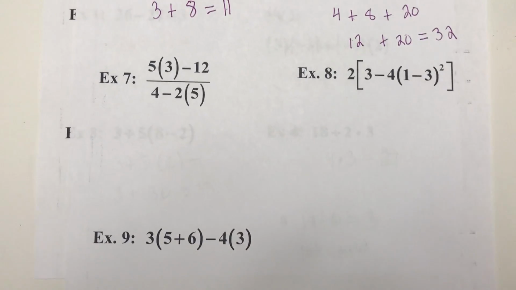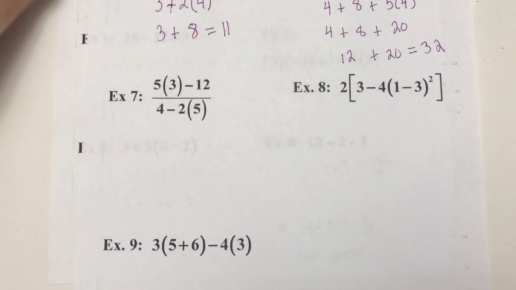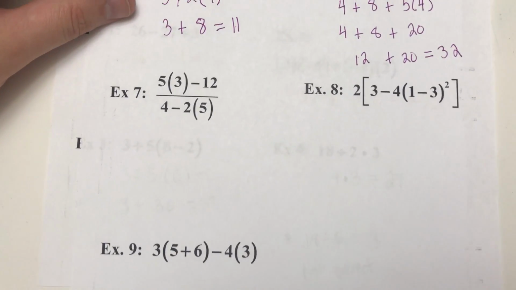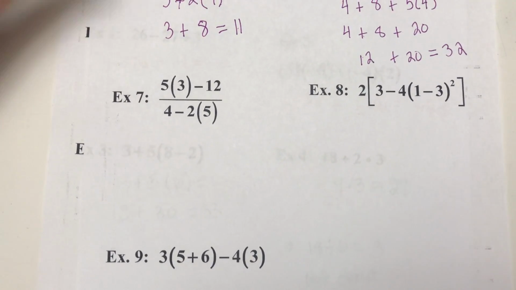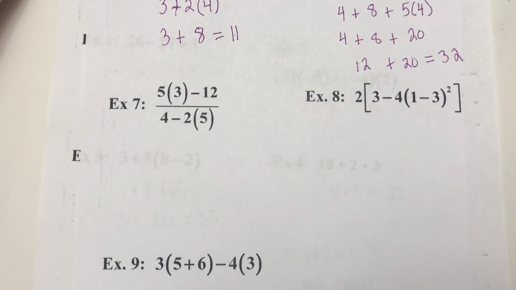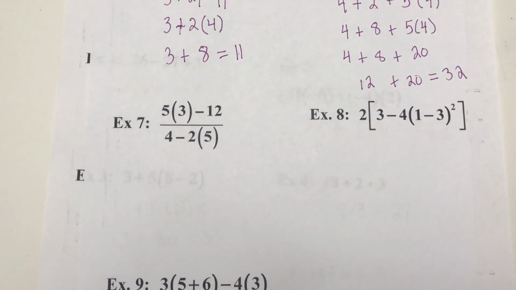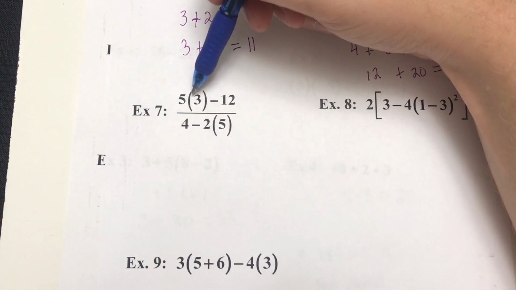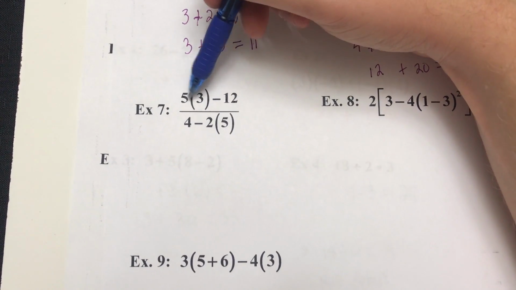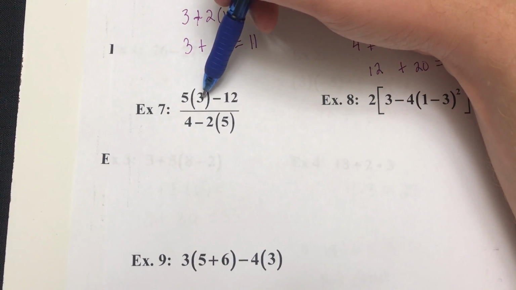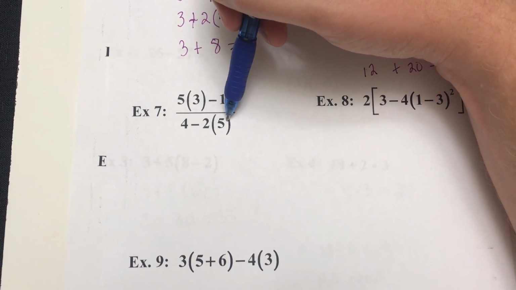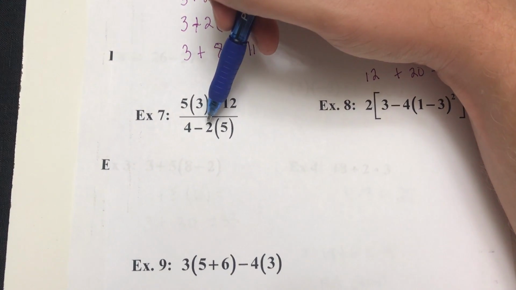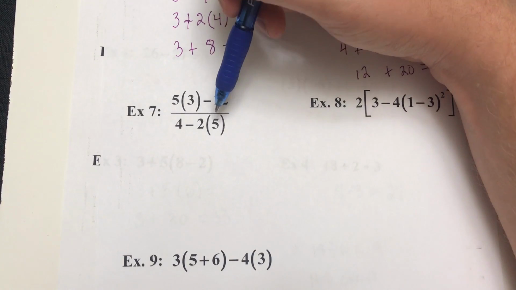Example 7. In example 7, we need to first look for grouping symbols. We see parentheses, but the parentheses here only indicate multiplication between the 5 and the 3, and the parentheses down here indicate multiplication between the 2 and the 5.